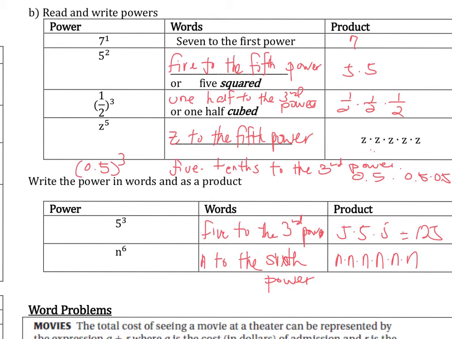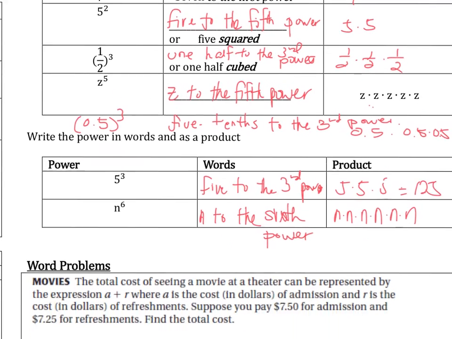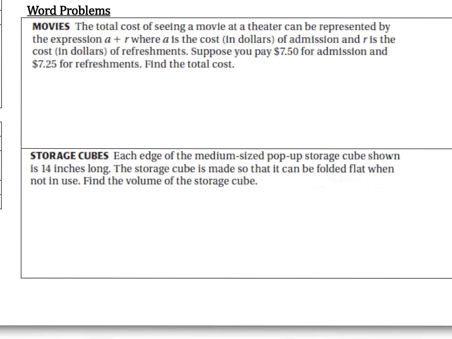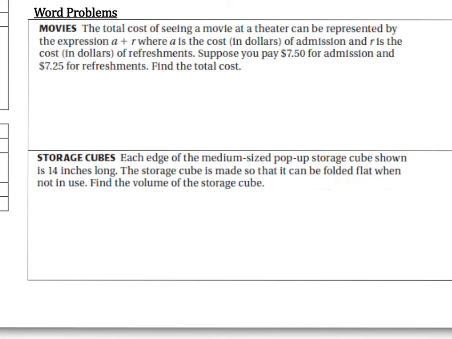Okay? And let's take a look at some word problems. We're going to start out simple, but I will make it harder as we go. Movies. The total cost of seeing a movie at a theater can be represented by the expression A plus R, where A is the cost of admission and R is the cost of refreshments. Suppose you pay $7.50 for admission and $7.25 for refreshments. What is the total cost?